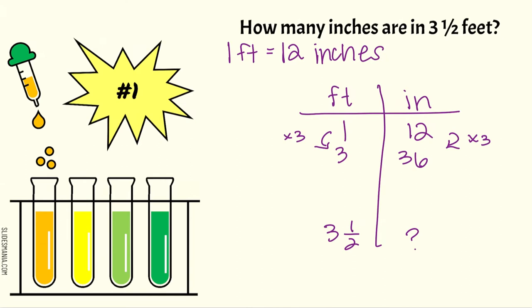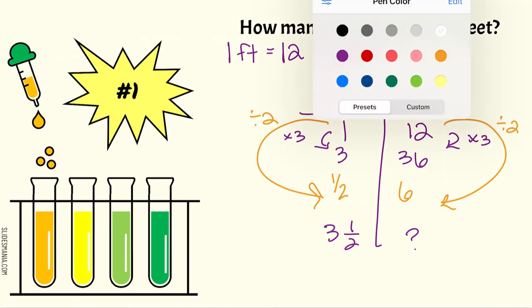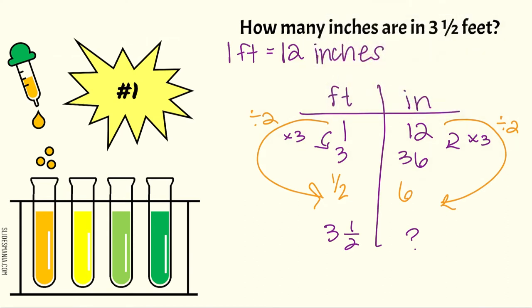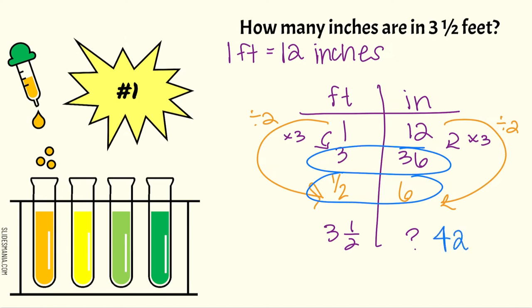So if 1 foot is equal to 12 inches, then half of a foot would have to be 6 because I'm dividing by 2 on my ratio table. And if I have that 3 feet is 36 inches and half a foot is 6 inches, then altogether the 3 1/2 feet gives me 42 inches.